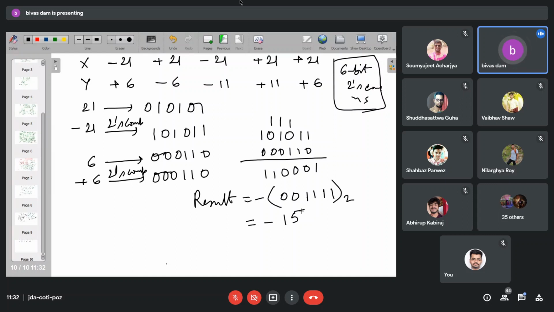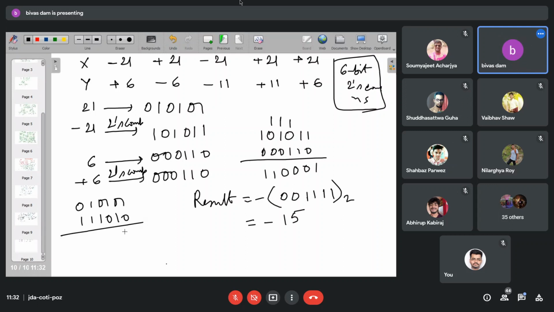Then plus 21 minus 6. Plus 21 is 0, 1, 0, 1, 0, 1. Minus 6 will be copy up to the first one, then complement all other bits. I'm skipping steps, but in the exam, you can skip the steps, no problem.